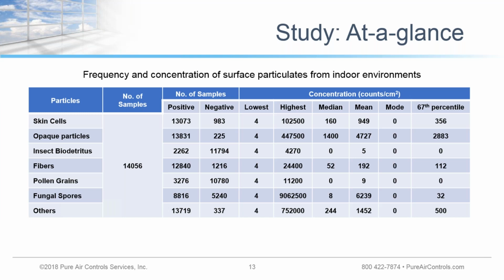However, the 67th percentile concentration is indicating only 32 spores per centimeter square, whereas others, which include various kinds of particles such as black particles and brown particles, meaning the rust particles, have a concentration of over 1,452 on an average basis, and the 67th percentile indicates about 500 in count per centimeter square. So that was an at-a-glance view for the surface samples.